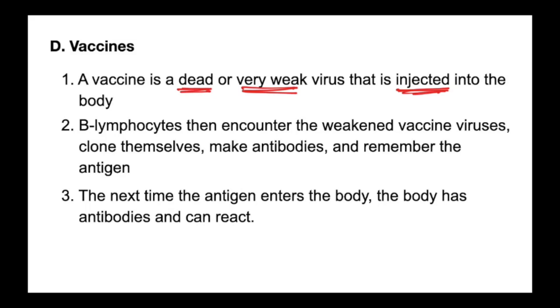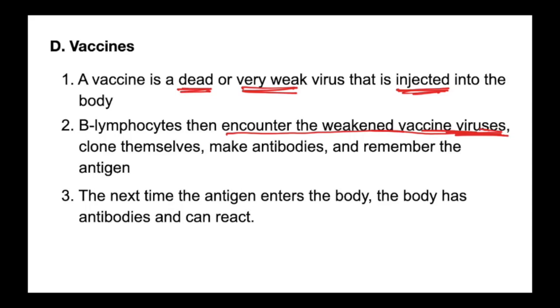Well, we would do that because your body would then encounter the virus, see it for the first time, rip it up, display its body parts on its surface, and then go through that whole process I just showed you, remember those body parts. The next time somebody else with similar body parts enters your system, you can then clone yourself, make antibodies, remember the bad guys, and then attack them.